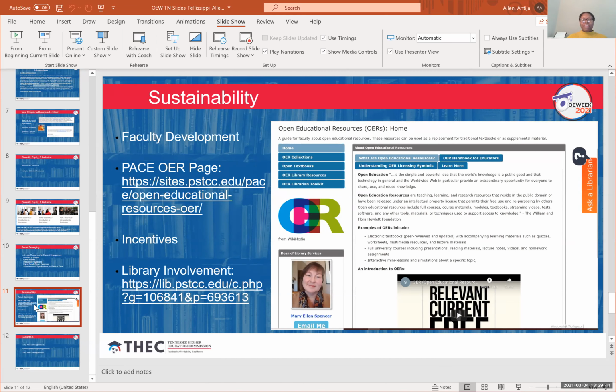And so we're going to have another faculty development session in April, except when we do that one, we are going to be co-facilitating with our librarians to show that those are the real experts of OER, right? Those are the ones who we should all be going to when we need assistance with OER. So what you are seeing now is actually the landing page for our library's OER page.